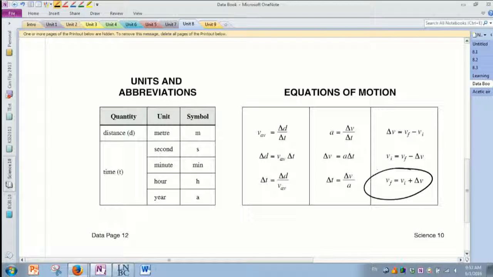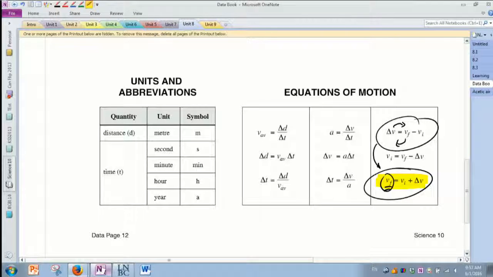And the only formula I have here that's solved for final velocity is this change in velocity formula that's been rearranged to isolate or solve for VF. So they've just moved VF to this side and delta V to this side, to end up with this VF. So we want to use this formula here. The final velocity is the initial plus the change.